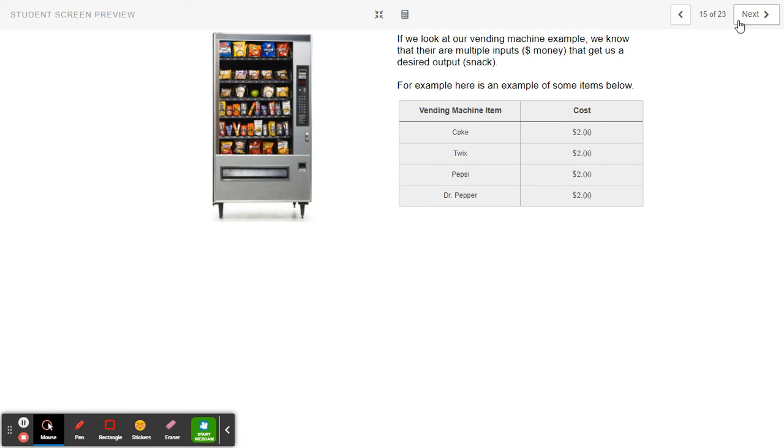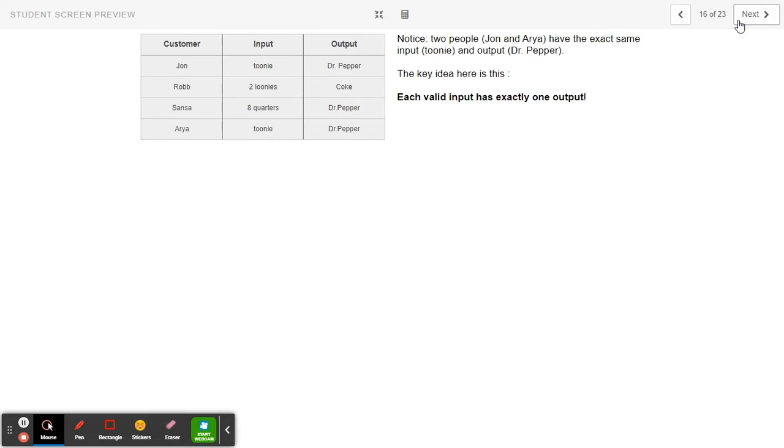So here's just another example, right? If we look at a vending machine, we know that there are multiple inputs, so money, that can get us a desired output, a snack. And here we just have some characters, right, where I put in a toonie. My output is I choose a Dr. Pepper.